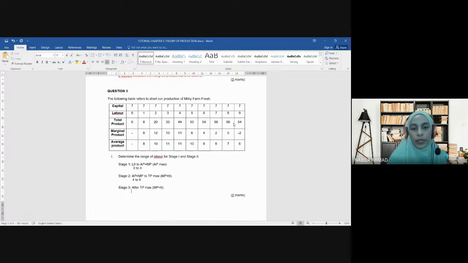So jawapan dia after 8 labor atau pula kat situ, or 9. Okay, so nak kata after 8 boleh atau kita kata 9 lah. Ya, 9. Tambah labor.